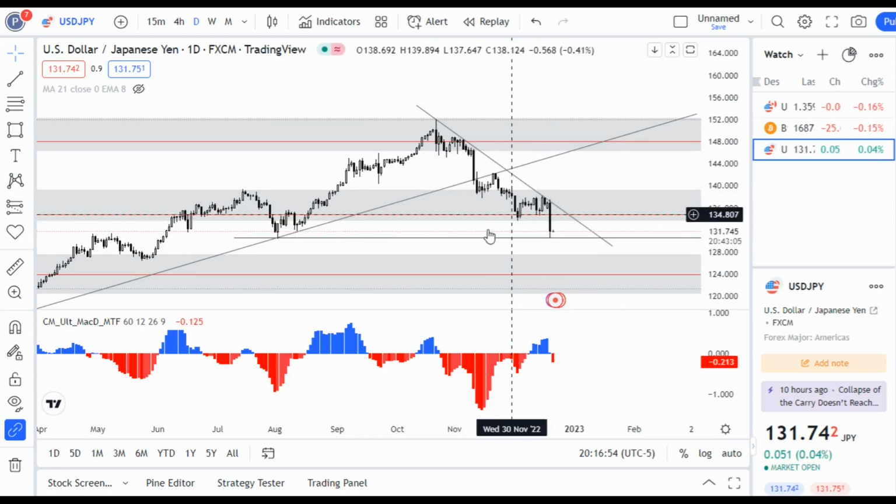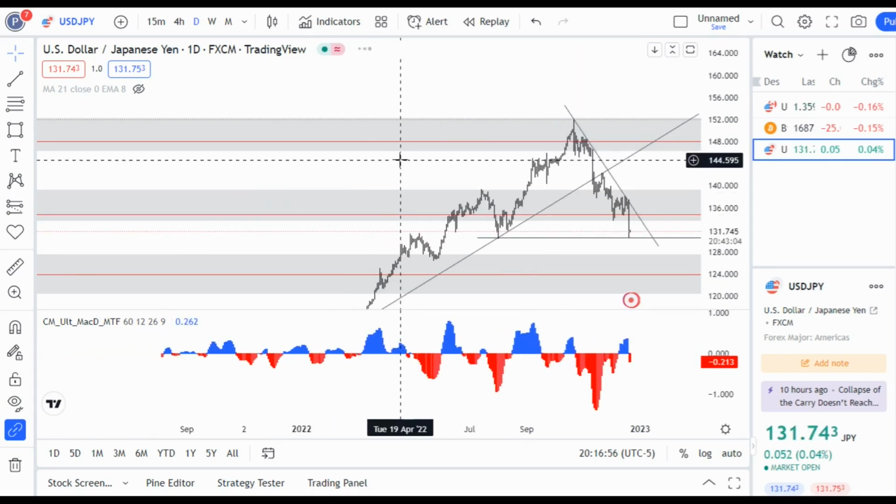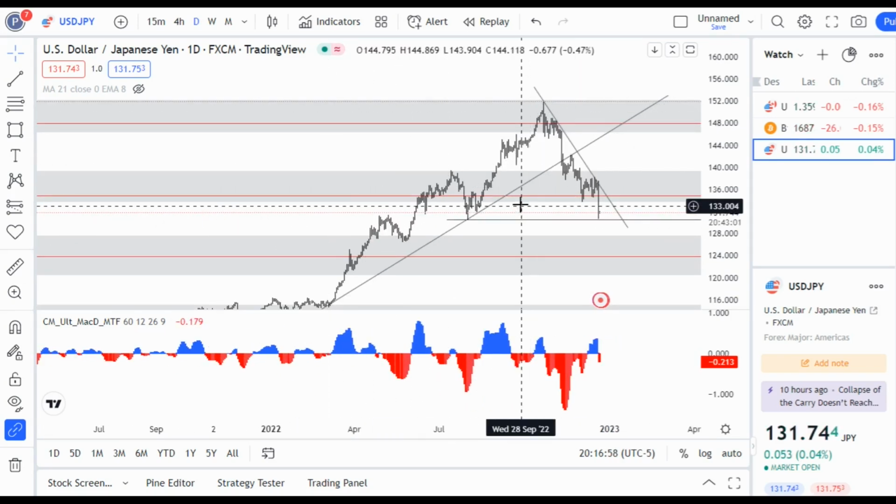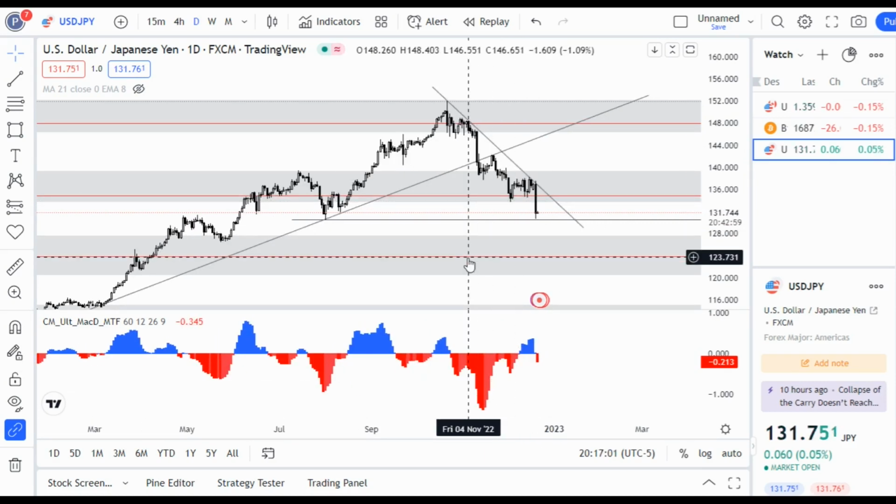So this is how to draw a quality trend line with the help of the MACD to identify your higher highs, your higher lows, your lower highs, and your lower lows. You'll be able to identify at least two swing points, you connect them together to get your line, and that's it.